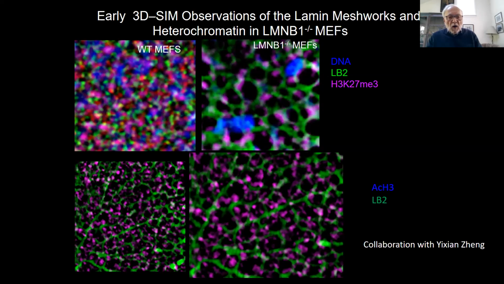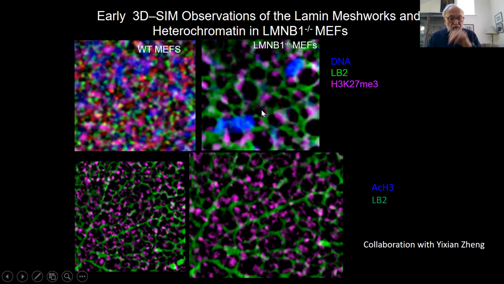It's really a remarkable meshwork, because this is a SIM image. It's a relatively thin focal plane at the nuclear surface. It's just packed with DNA and lamins and, of course, pore complexes and many other components.